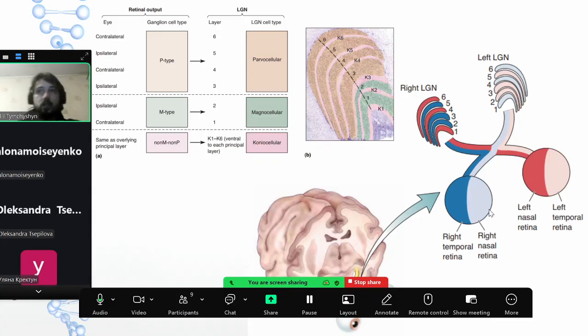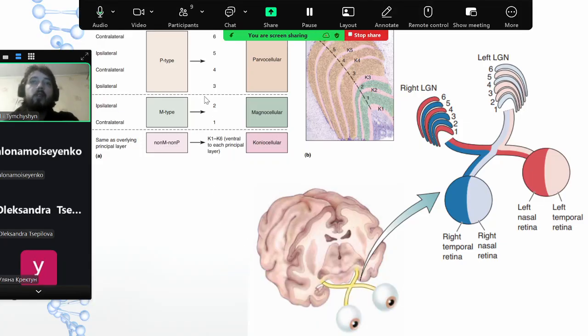Nasal means closer to your nose. Here is the same for the left eye, nasal and temporal. Here they go through the chiasm, where they are resorted a little bit. And here is how they are distributed to the different LGNs, the right and the left. So here is the architecture of how the information is transferred.